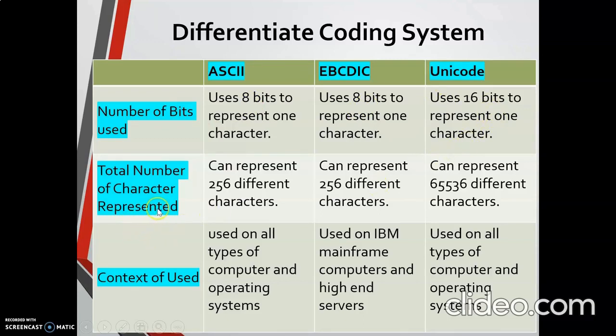The second aspect to differentiate the coding schemes is the total number of characters represented, like we have seen just now: 256, 256, and 65,536. And the context of use, in terms of where it is used. ASCII and Unicode are used on all types of computers and operating systems, but EBCDIC is used on IBM mainframes only.